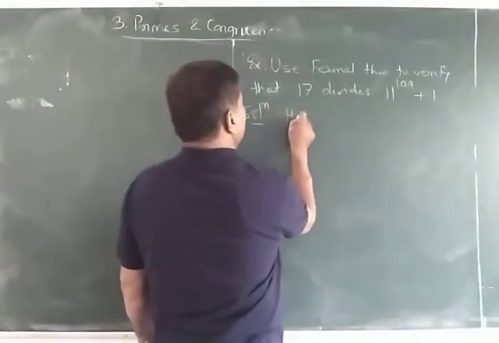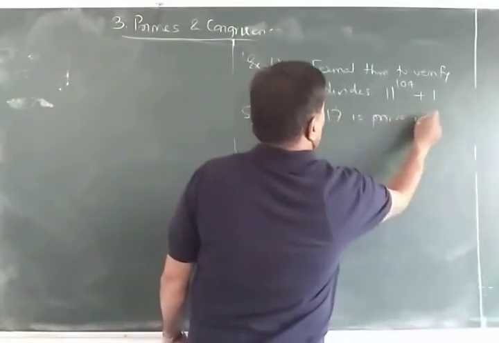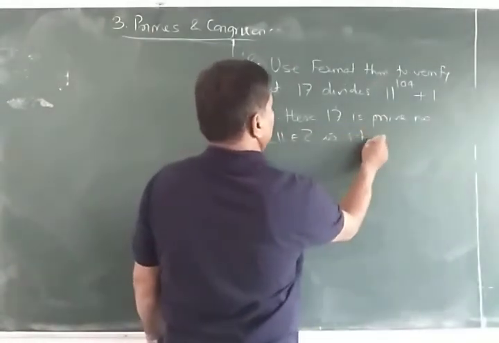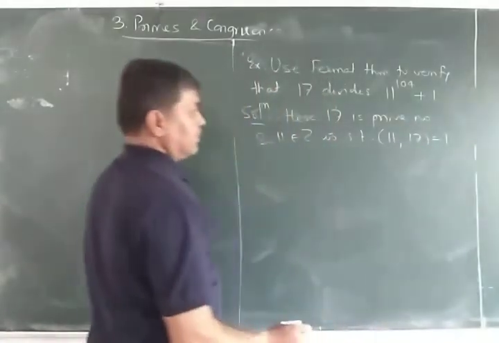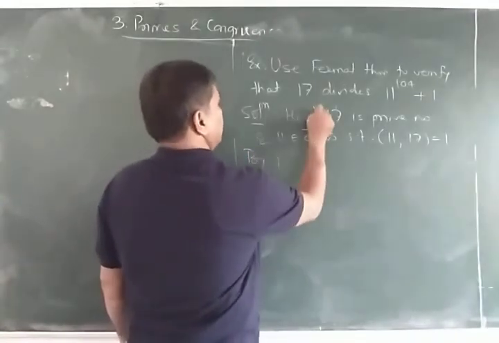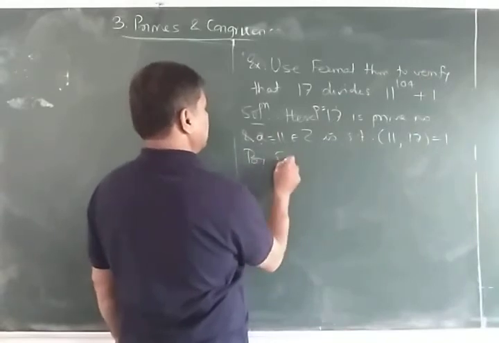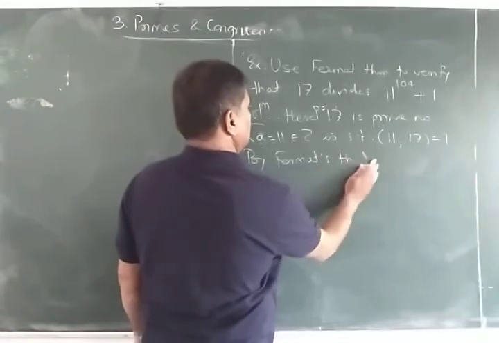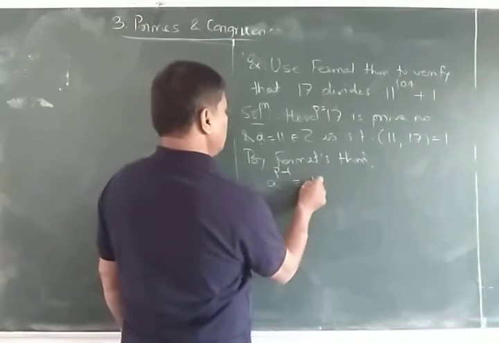Here 17 is a prime number, and 11 belongs to Z is such that GCD of 11 with 17 is 1. Therefore, by Fermat's theorem, with p equal to 17 and a equal to 11, a raised to p minus 1 is congruent to 1 mod p.